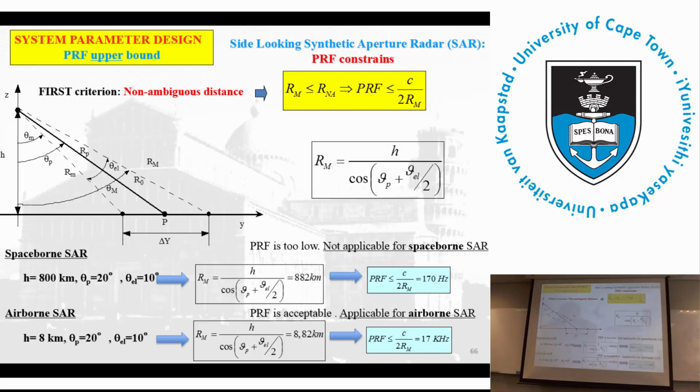This echo will always be associated with this pulse, but this echo may as well be generated by that pulse. But in that condition, I will never have an echo that can be associated with that, because there's nothing beyond that point. So if my maximum range Rn is here, everything that I receive will be inside here, and then 0. So there's no risk that I get an echo of this transmitted pulse any later than this point.